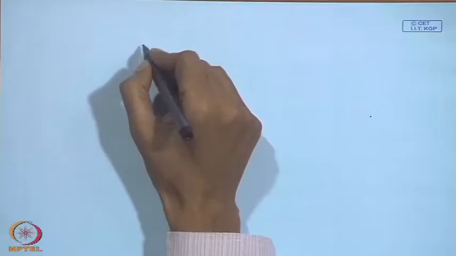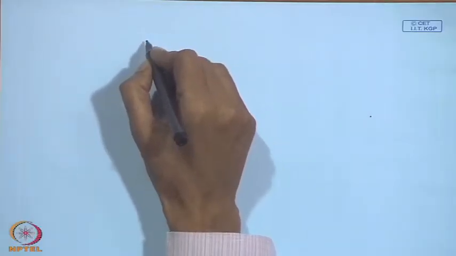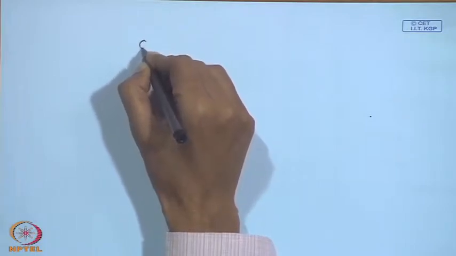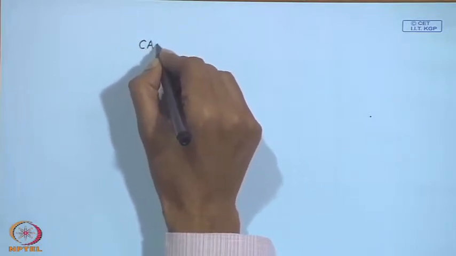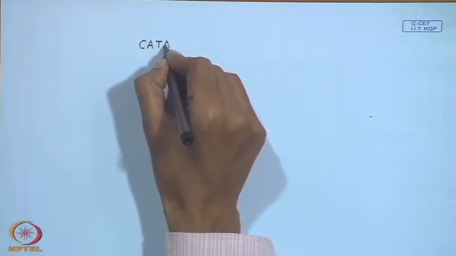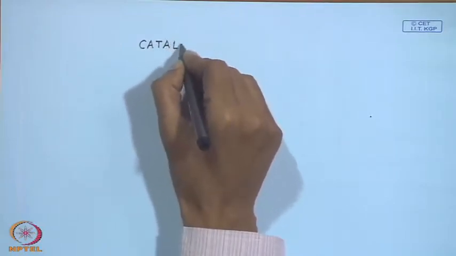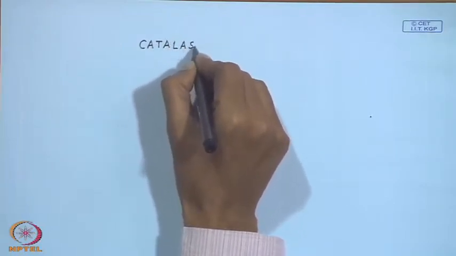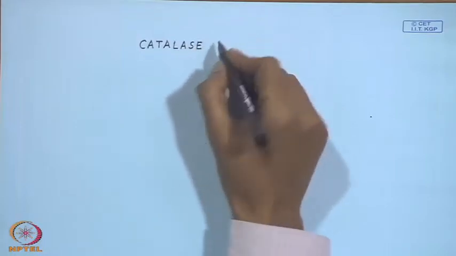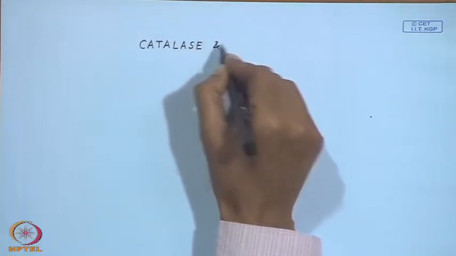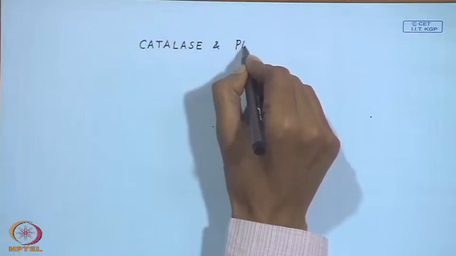So, welcome back. In this class we will continue with the iron porphyrin systems in catalases and peroxidase.